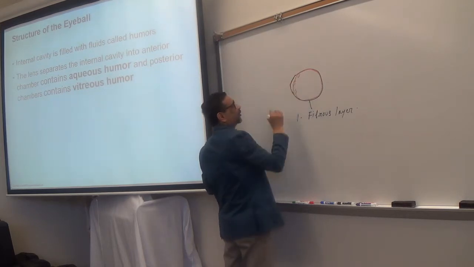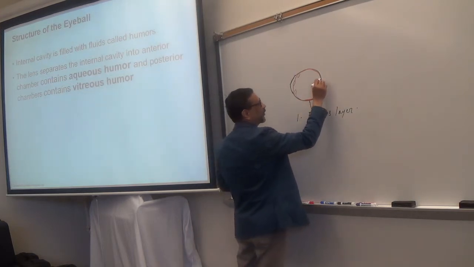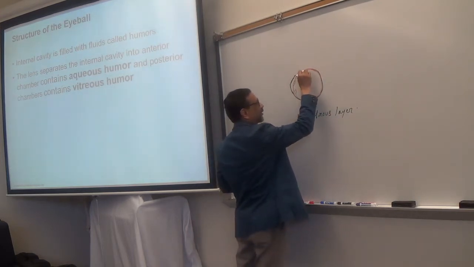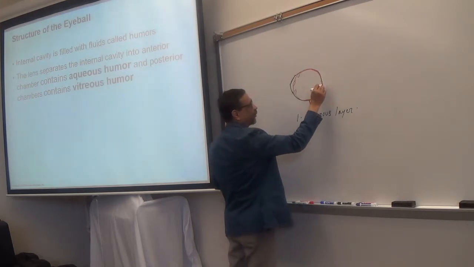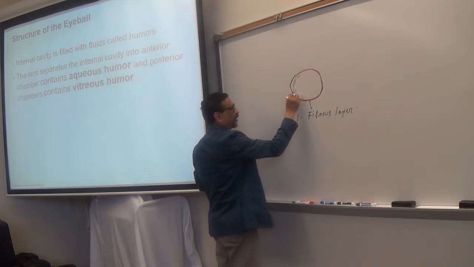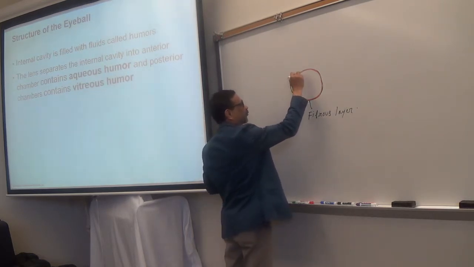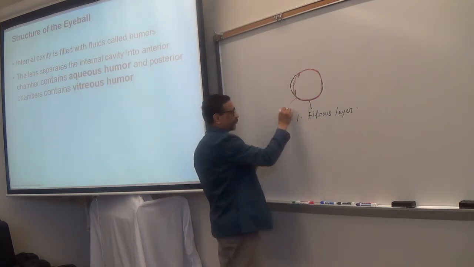So this is middle layer, which is called vascular layer because a lot of blood vessels, capillaries are present in this layer. So this is the vascular layer, number 2.